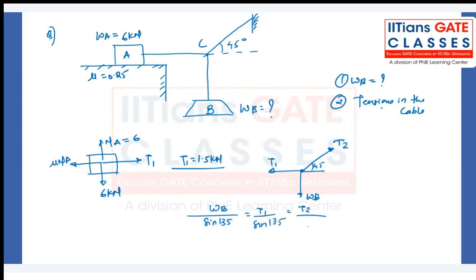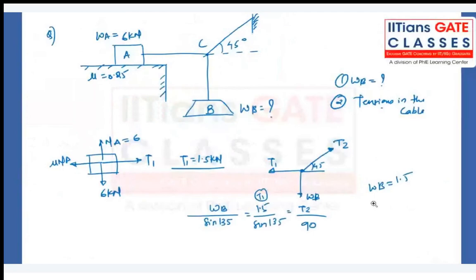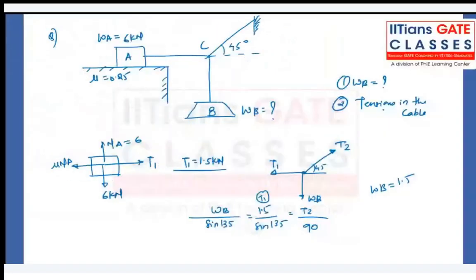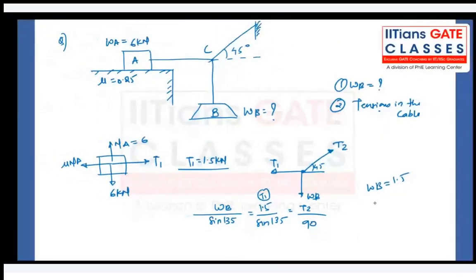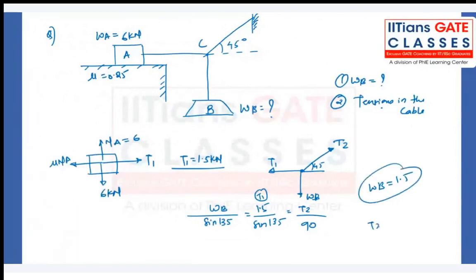T1 we have just calculated, that is 1.5, and from this you should be able to calculate WB. WB is equal to 1.5 because the sine 135 will get cancelled, and T2 will be equal to 2.12 kilonewton.